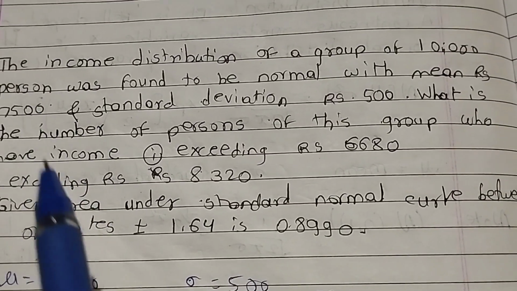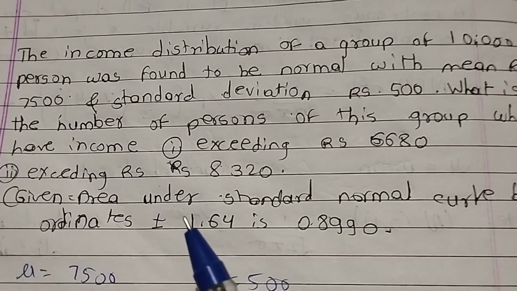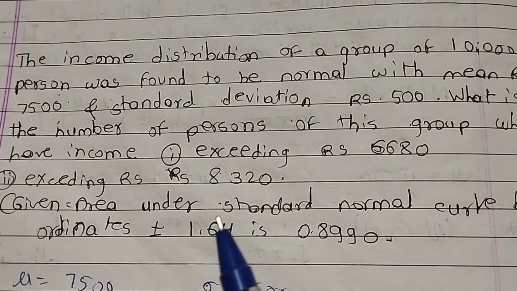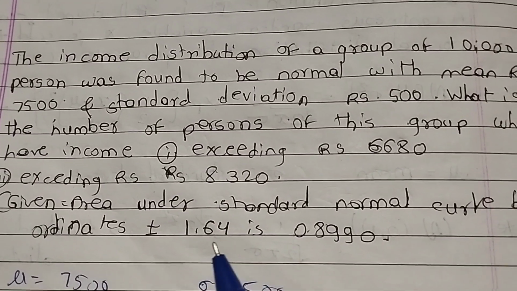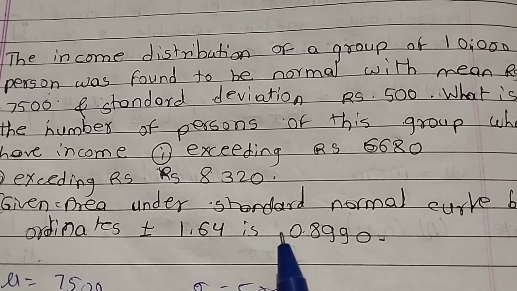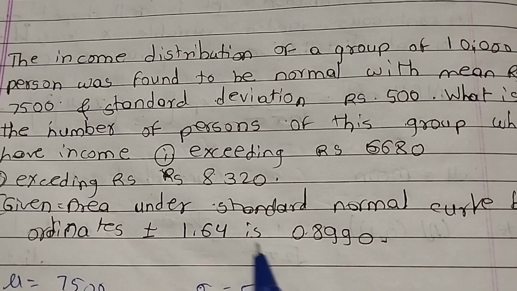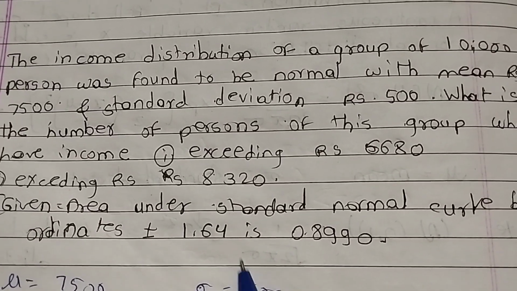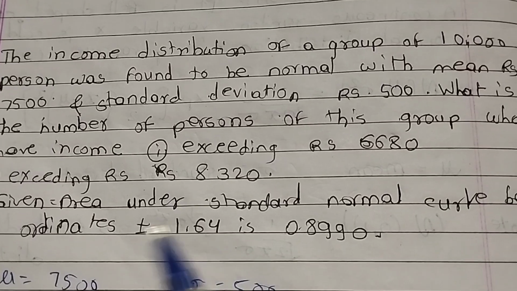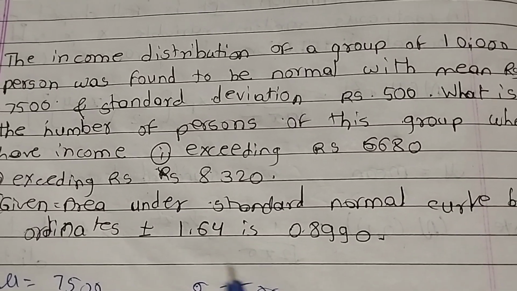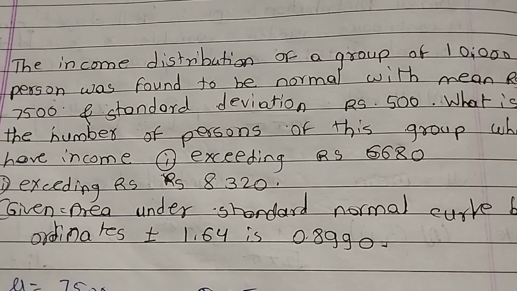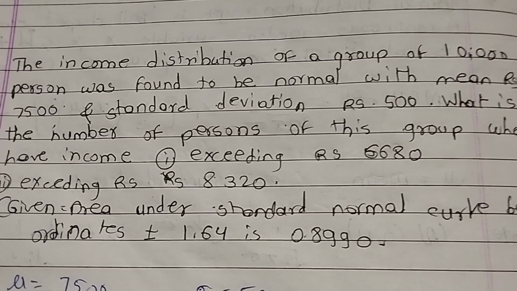So if we read the question carefully, the area is given, but this area is from positive 1.64 to negative 1.64, and we know the area of the bell shaped curve is divided into two parts equally, meaning left side is 0.5, right side is 0.5. If the area between the positive value and negative value is given, then half of the value is taken by dividing by 2.